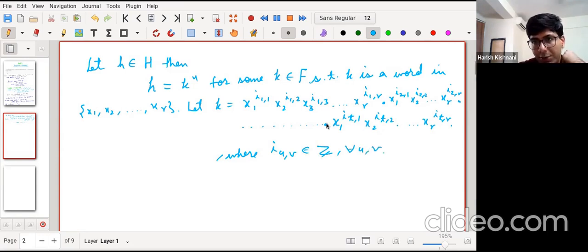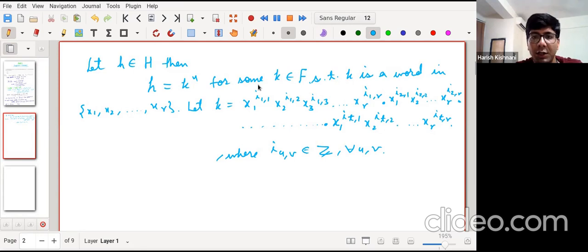Just try to understand this step. If you pick any word, then it has to be a sequence in the generators. It may be x1 dash or x2 dash, but x1 dash is just x1 inverse.